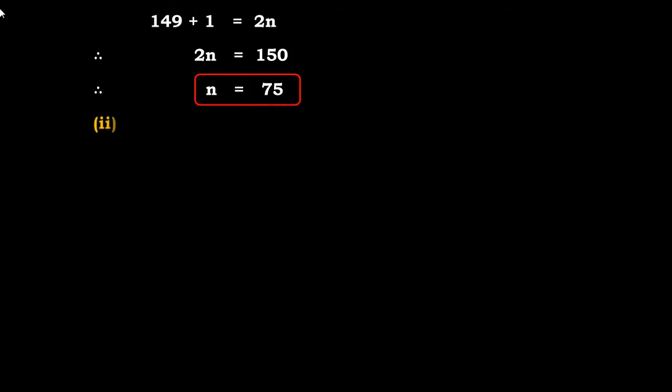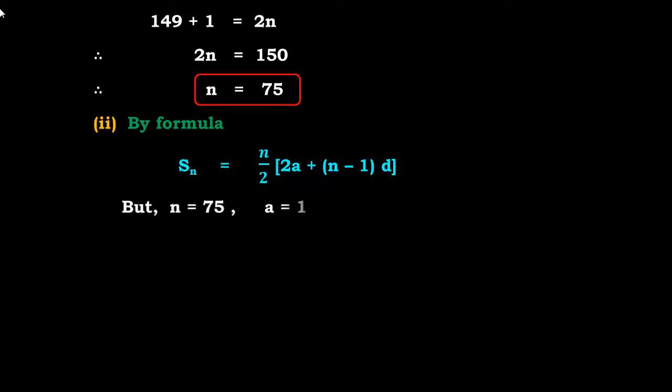So now we can calculate Sn by using the formula n upon 2 into bracket 2a plus n minus 1 into d. Now substitute the values: n is 75, a is equal to 1 and d is equal to 2. So S75, that means the sum of 75 numbers, is equal to 75 upon 2 into 2 into 1 plus 75 minus 1 into 2.